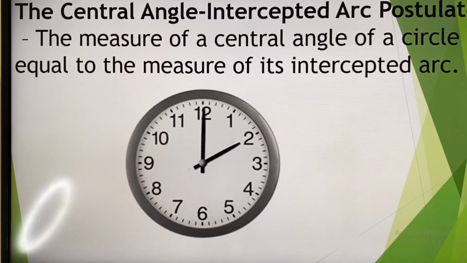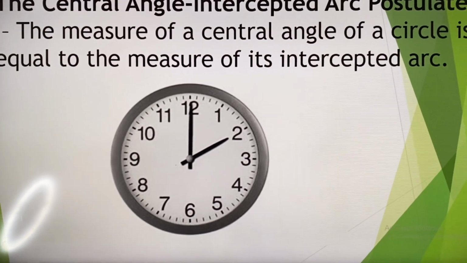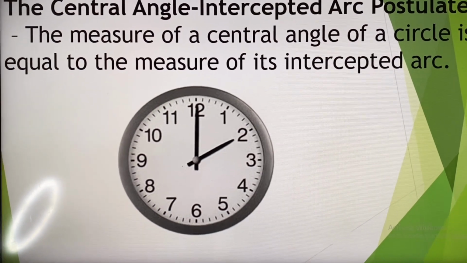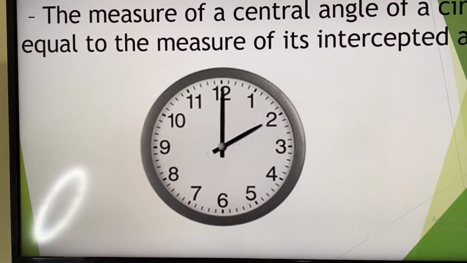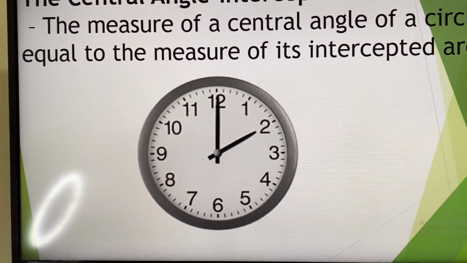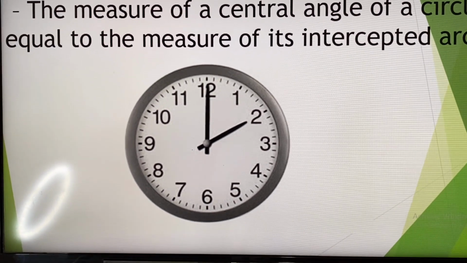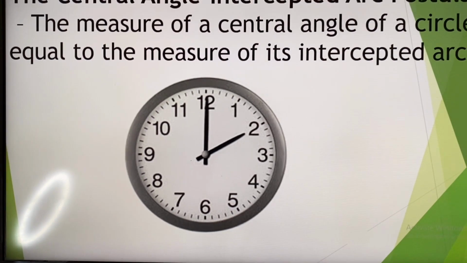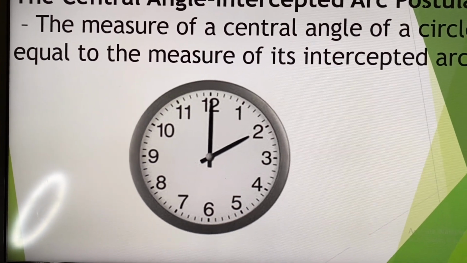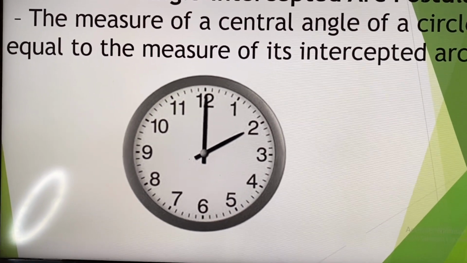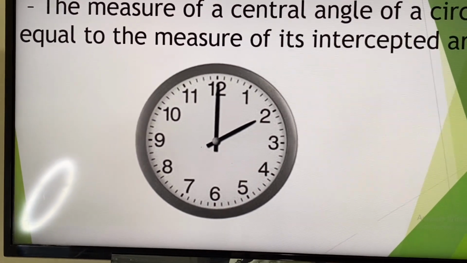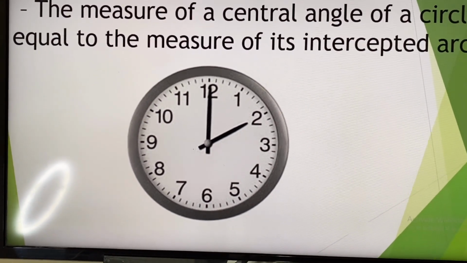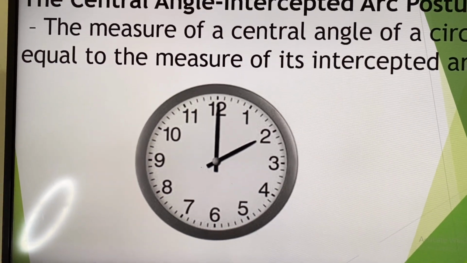So anybody can give the exact measurement of this central angle using the wall clock. We know that one rotation is equivalent to 360 degrees.